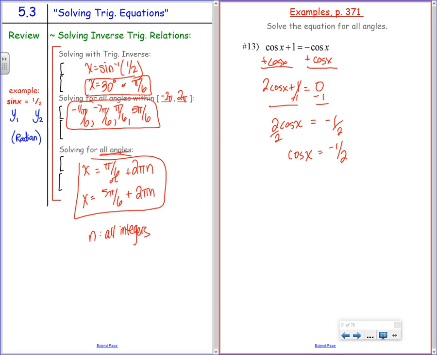Well, all angles, remember, we just looked at one time around to find the locations, and then we added all. If they give us a little bracket, then we have to be specific.